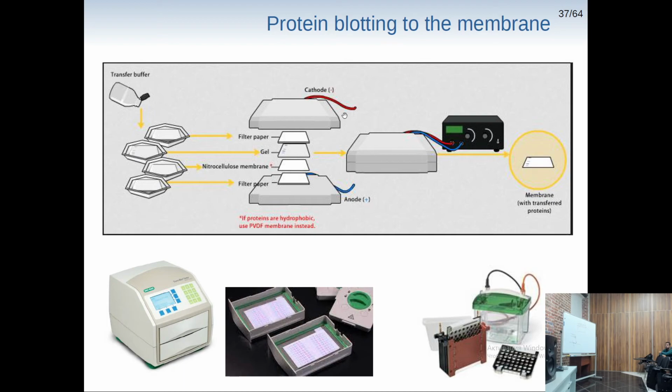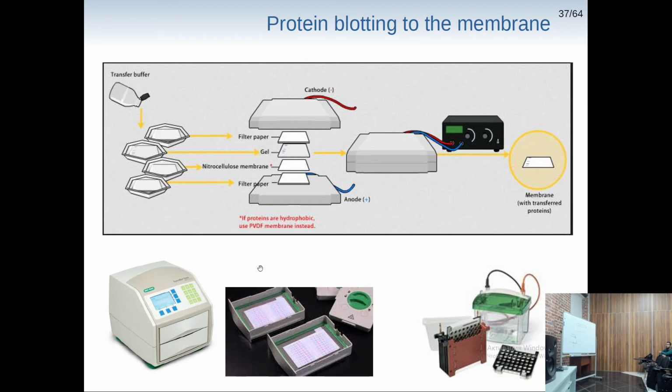The most usable one is the semi-dry transferring system. We have to make this pile of filter paper, gel, membrane, filter paper, put it in some apparatus, use some current here to transfer your proteins, and it's possible to get a membrane with proteins.